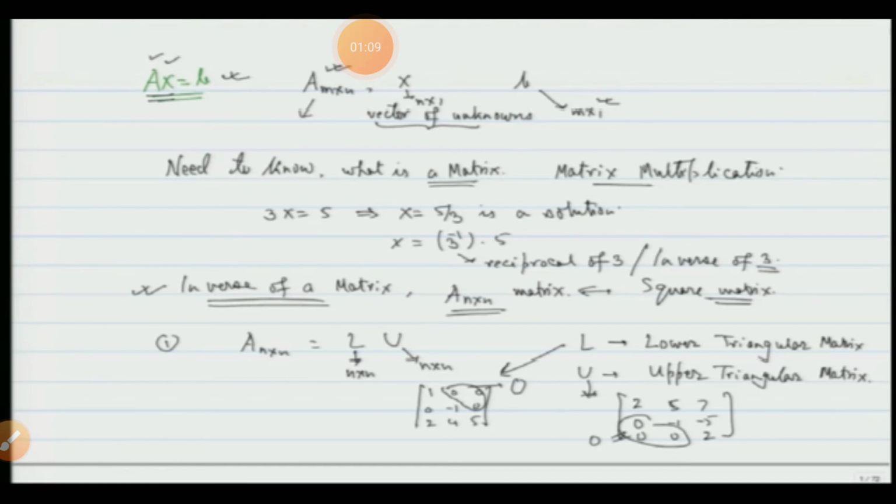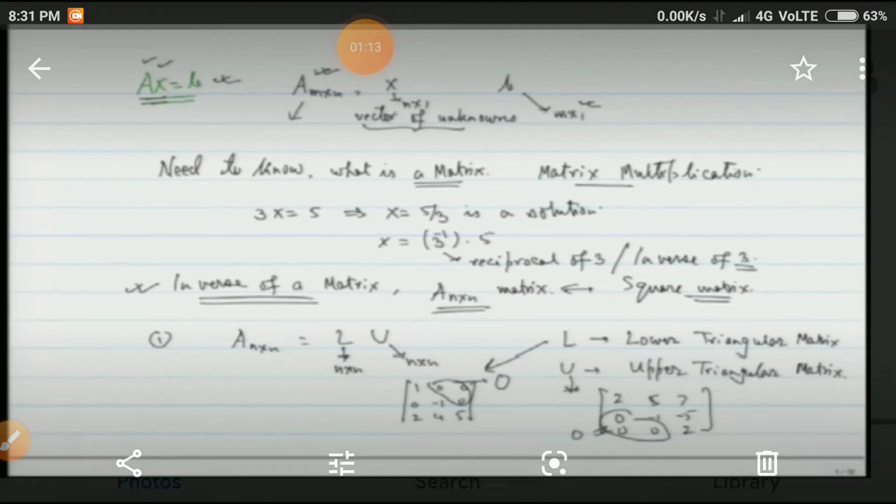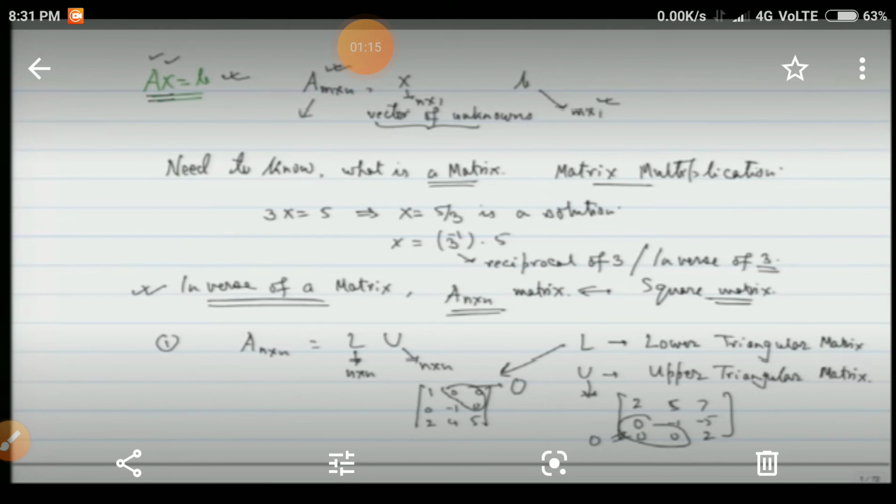So let us consider an n by n matrix, which is a square matrix, and we have different varieties of expressing an n by n matrix in different forms. The first model is decomposing the matrix A, n by n, as LU, the product of two matrices L and U, where L is an n by n matrix and U is also an n by n matrix.